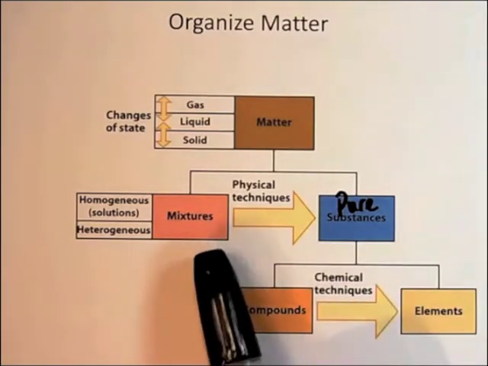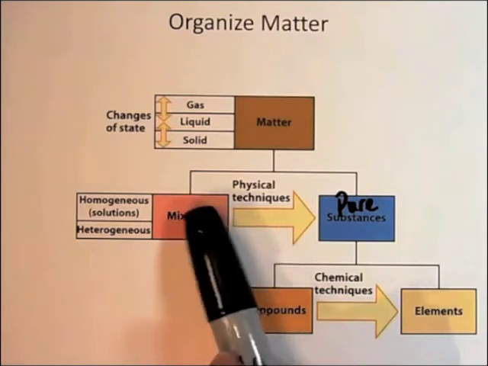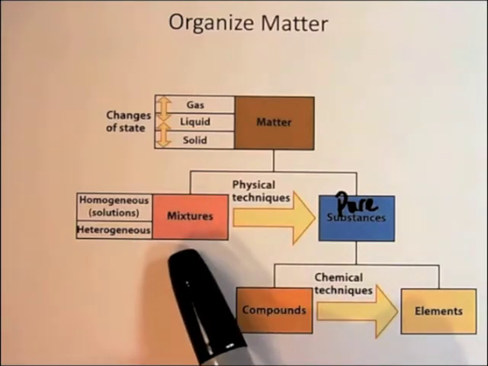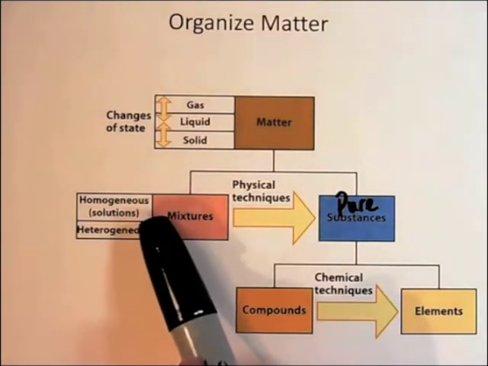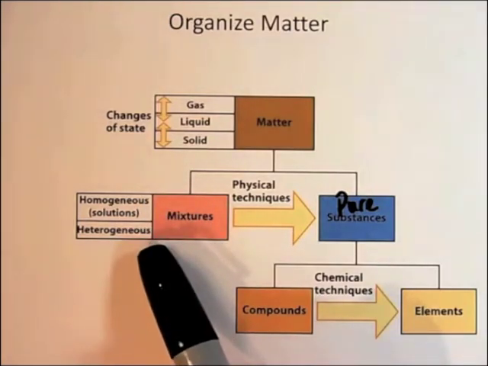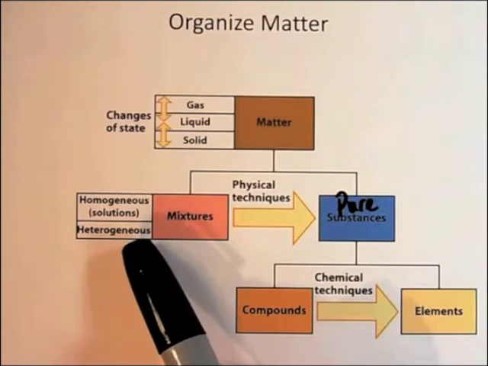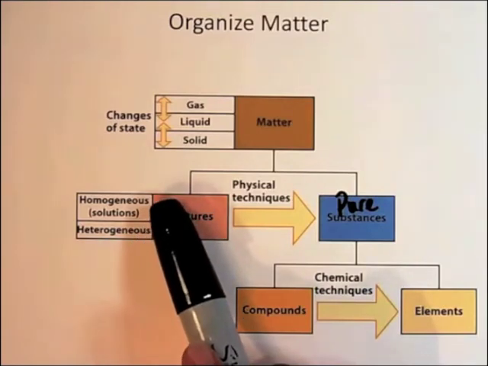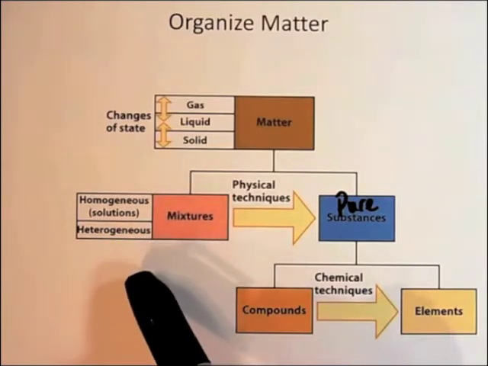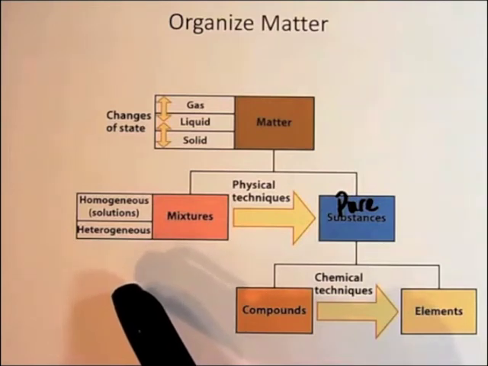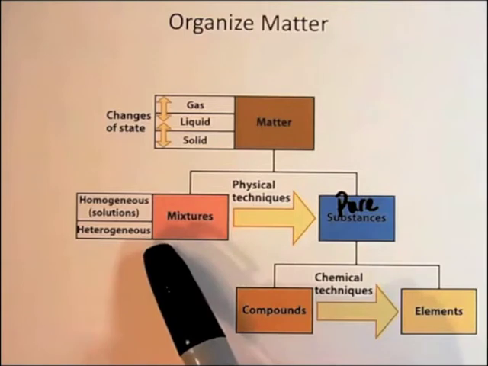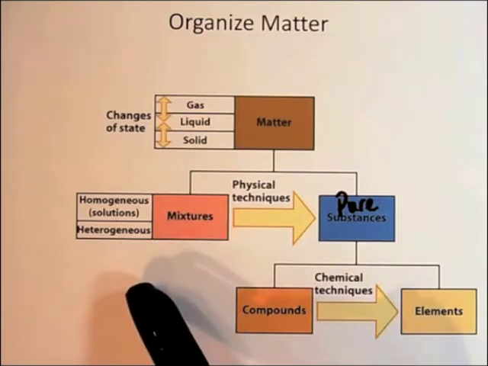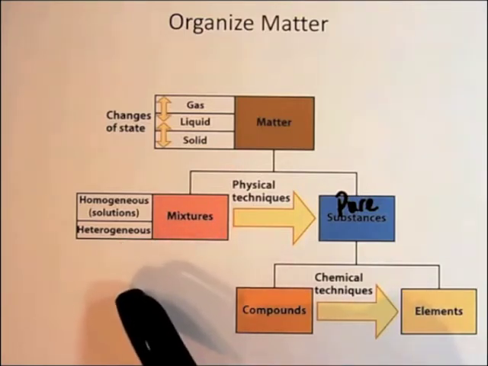All right. Now, we already said on the previous page that air is a mixture, and there are actually two different types of mixtures: homogeneous mixtures and heterogeneous mixtures. Homogeneous, first of all, is a mixture where no matter where you sample it, you're going to get the same components. Heterogeneous mixtures don't have the same composition throughout.